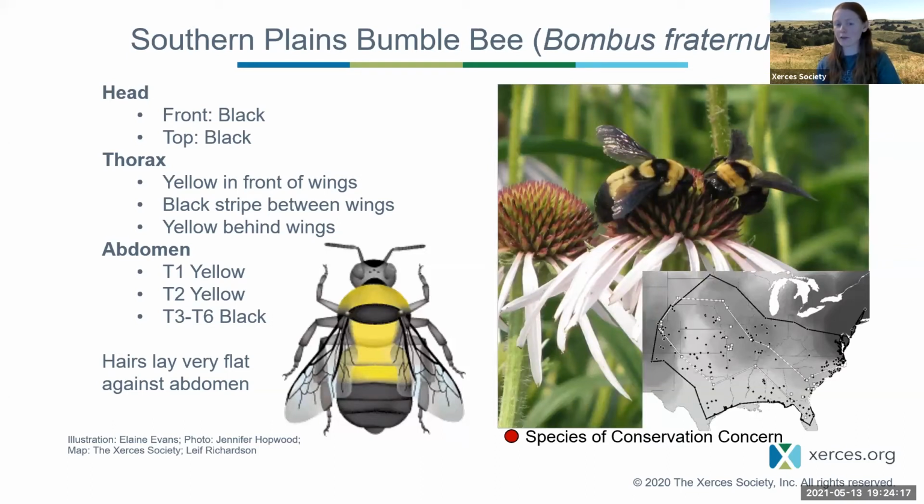They lay very, very flat against the abdomen. This is one of the species of conservation concern. It is in decline in parts of its range, though last year, in the month and a half or so that people were surveying for the Atlas, there were observations of it. So we're excited to see if more come in from across the state this year.